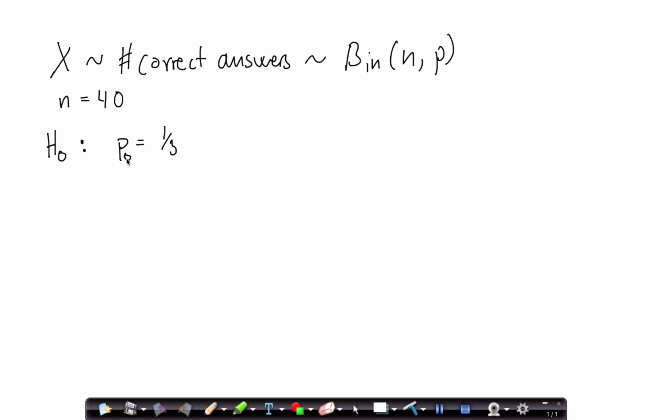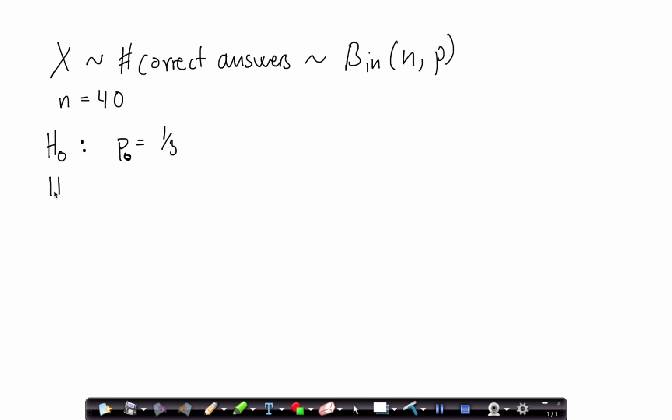We sometimes put a 0 here in order to reflect that this is the null hypothesis. The null hypothesis is 1/3 for a triangle test, but it can be any other probability, simply based on the setup of the data and the trial.